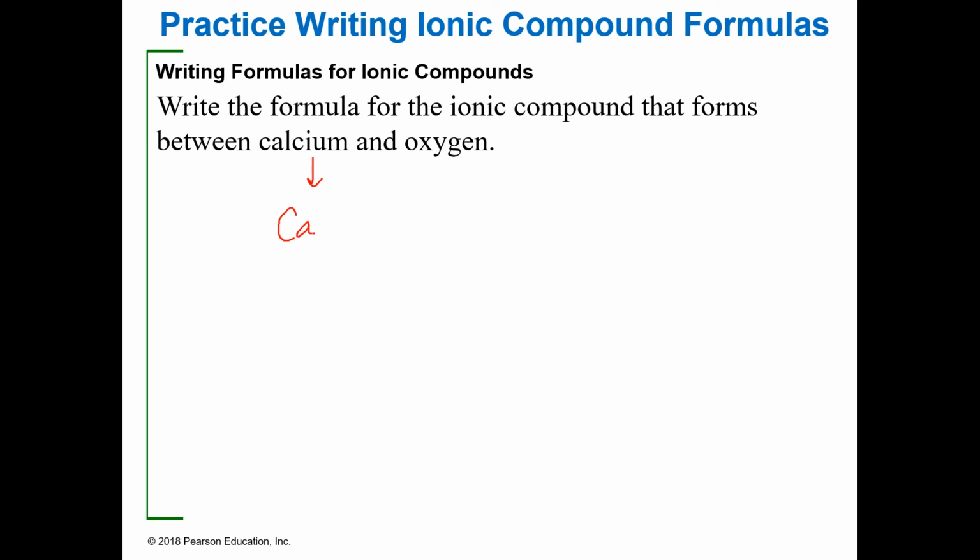So as an ion, calcium is going to have a +2 charge. Oxygen is in group 6. As an ion, it's going to have a -2 charge. Can I just put these two together so it's 1 on 1? The answer is yes, because those charges balance out. All of our ionic compounds are going to be neutral at the end.